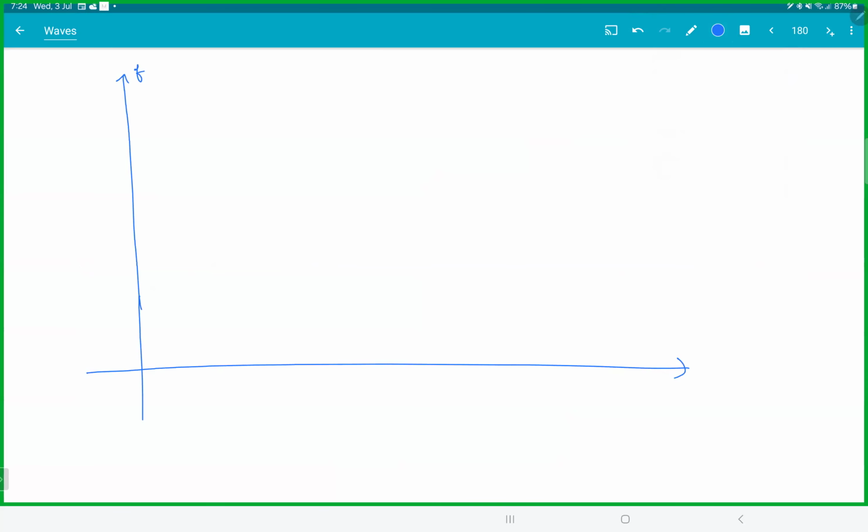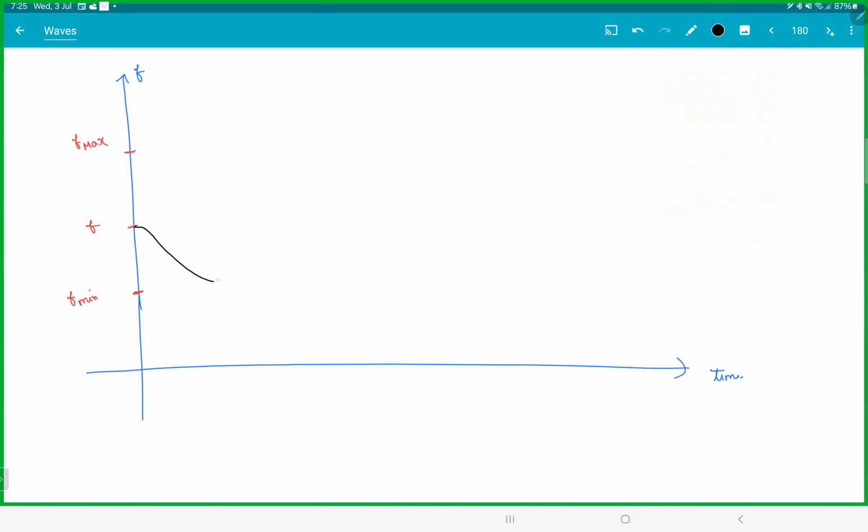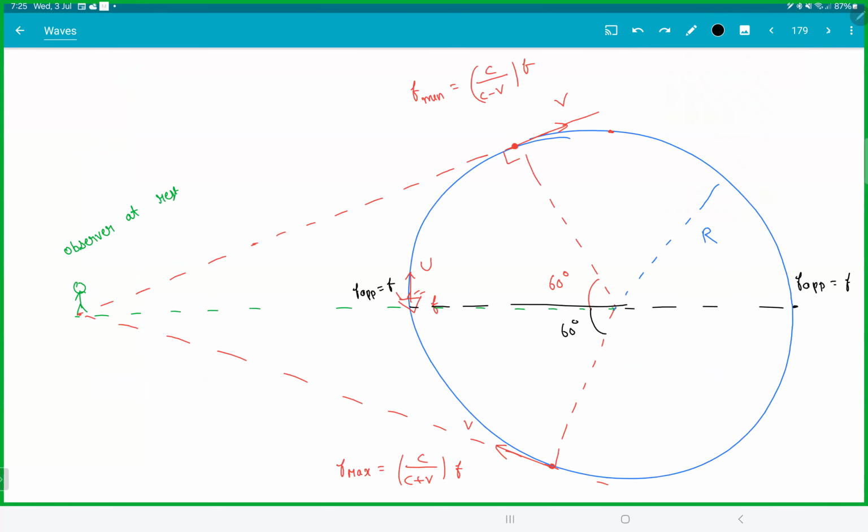So if you try to plot f versus the time, this is f max. This is f. First of all, the heights won't be equal, f minimum. So initially your frequency is f, and then you're going to minimum. It'll go something like this. Again, approximate graph. And this will occur at, what is 60 degrees now?